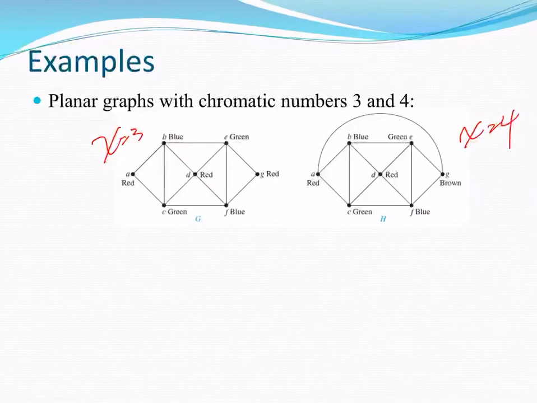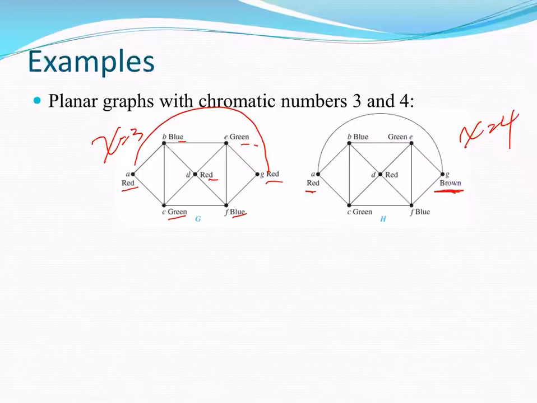Notice that here we have red, blue, green, blue, red. All colors are non-adjacent to each other. But if I take an edge and connect it between these two, I can't have these both be red, so I have to add a 4th color, brown.